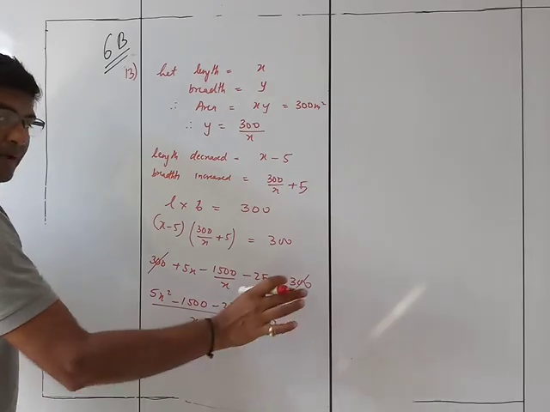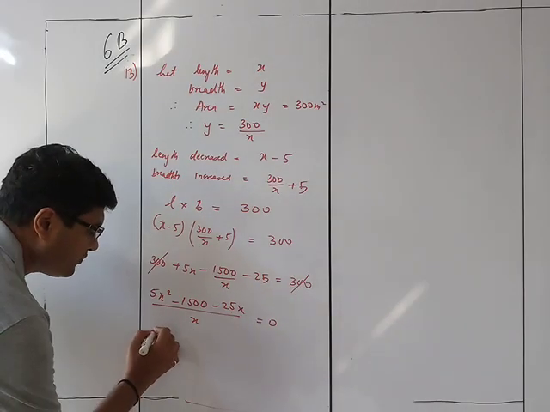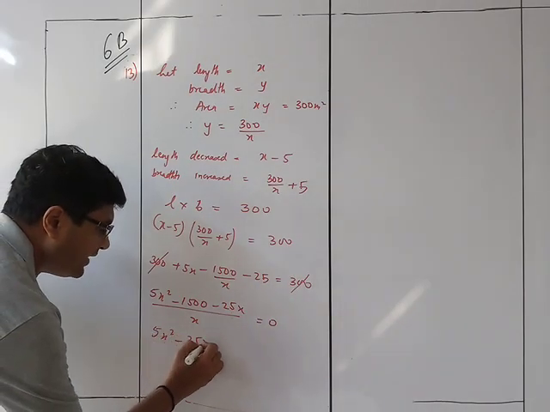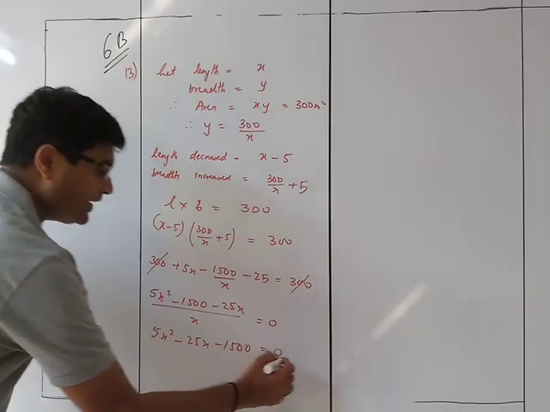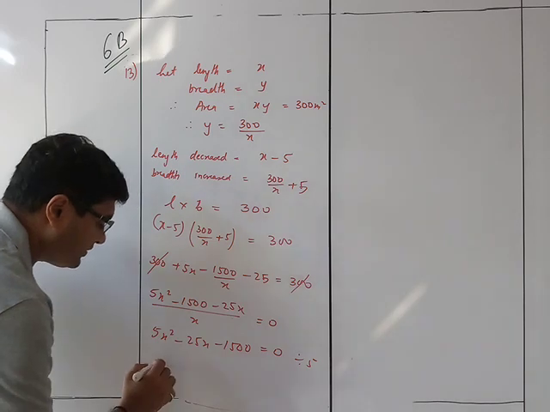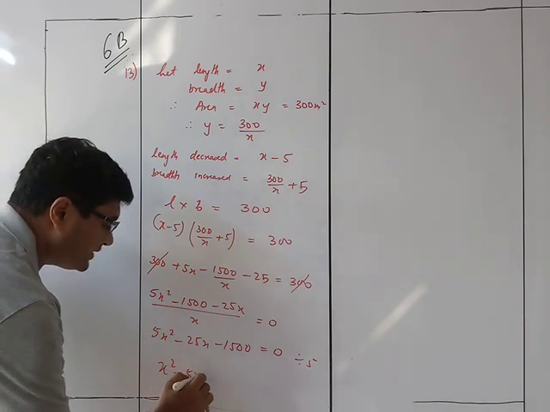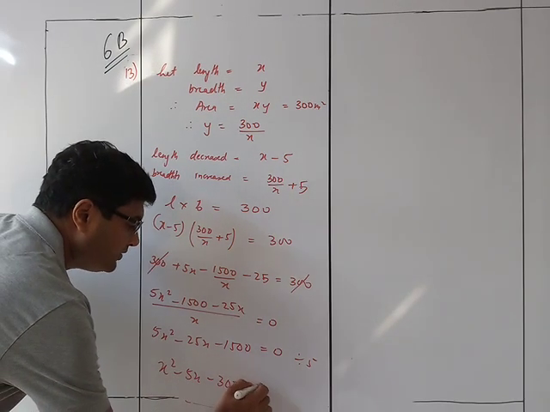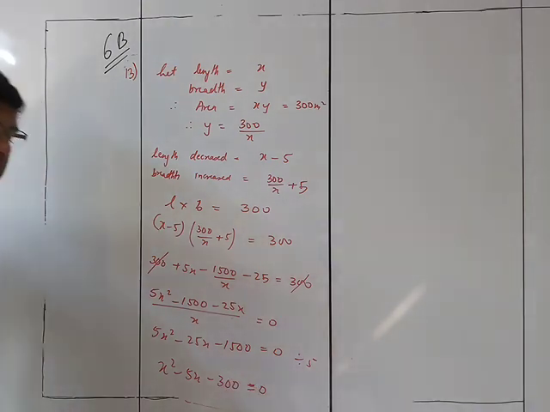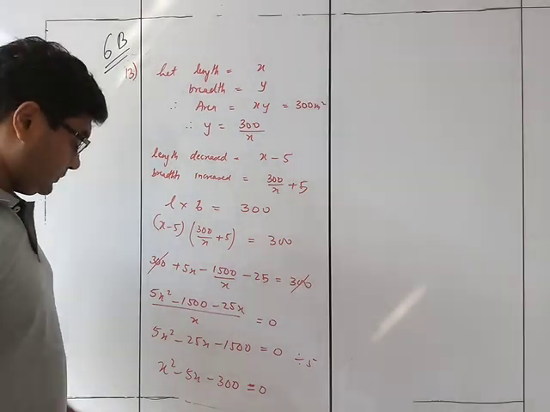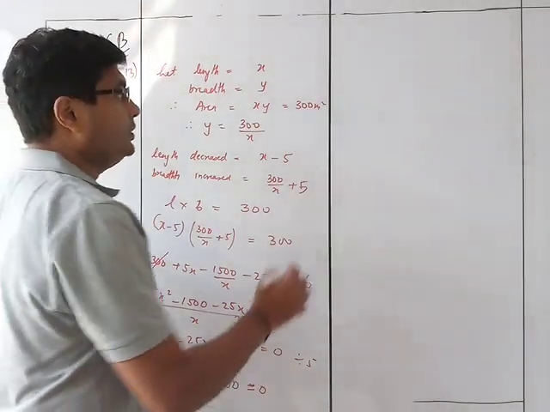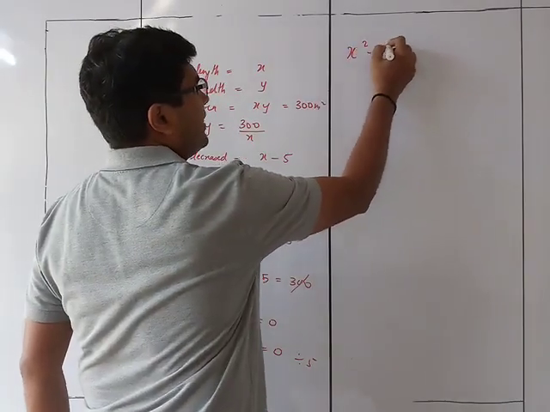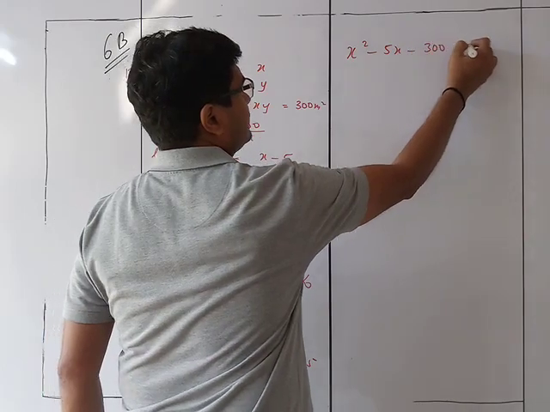X, you bring it over here, it becomes 0. So the equation becomes 5x square minus 25x minus 1500 is equal to 0. You can divide it by 5. We get the equation as x square minus 5x minus 300 is equal to 0. Is it clear? X square minus 5x minus 300 is equal to 0.